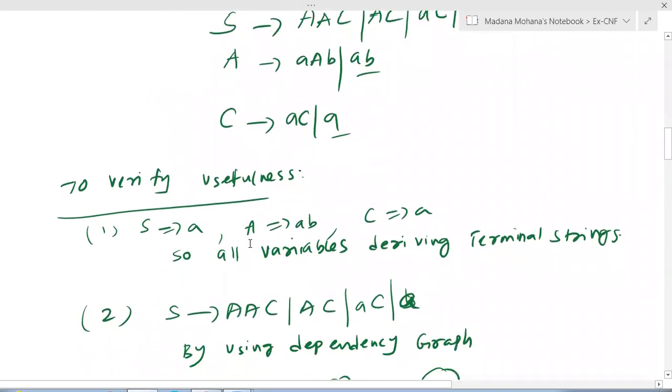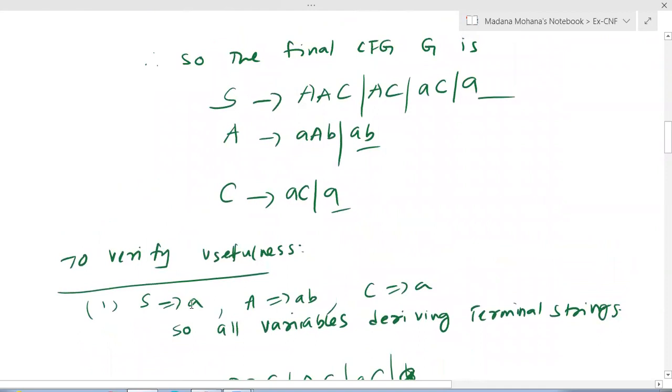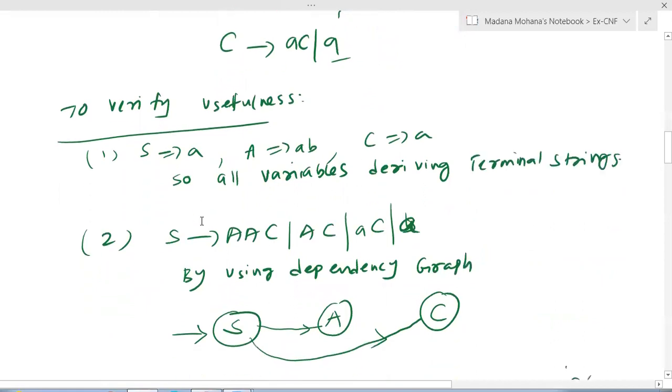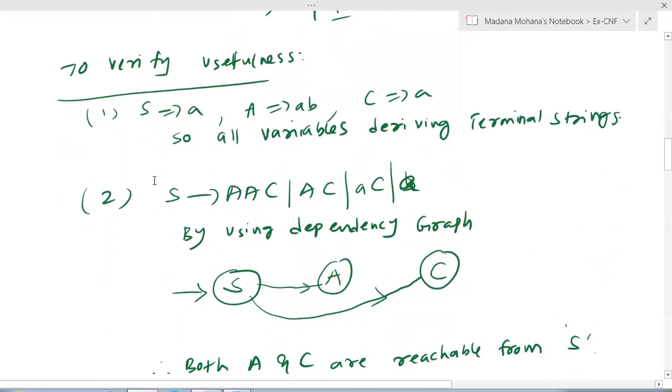Then to verify usefulness: from this grammar, all variables, that is S, A, C, derive terminal strings. So therefore, there are no useless symbols as per point 1 of usefulness. Then second point, by constructing a dependency graph, check whether all variables are reachable from the starting variable.